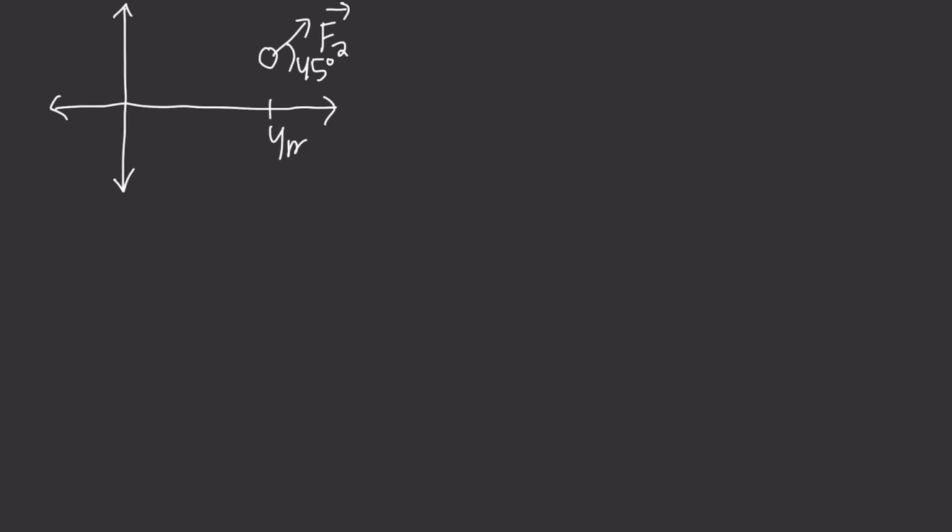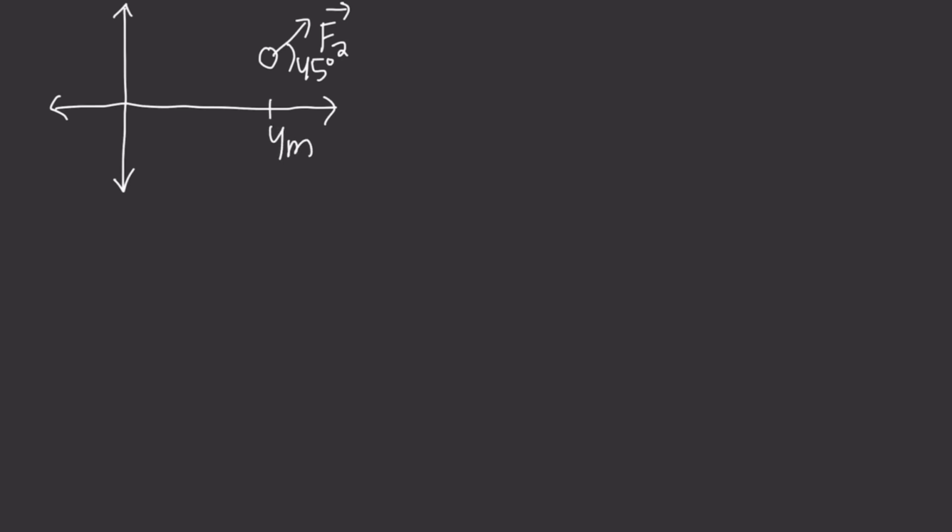I'm going to draw an axis here just to illustrate how our three particles are distributed space-wise. So we have one 8 kilogram particle going in this direction at 45 degrees, and it is at 4 meters. So this is going to be 4 meters.